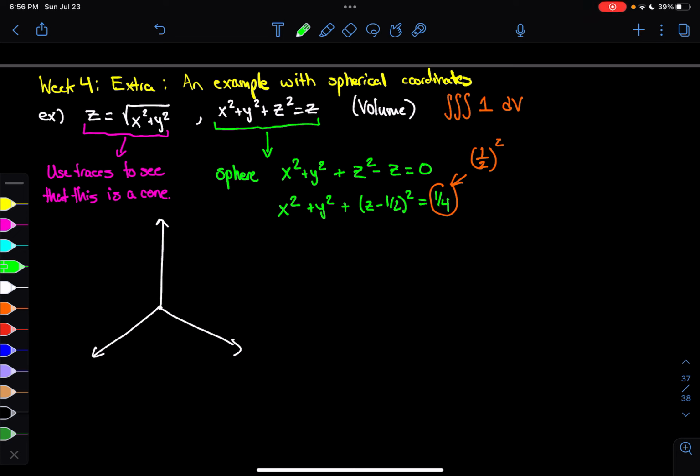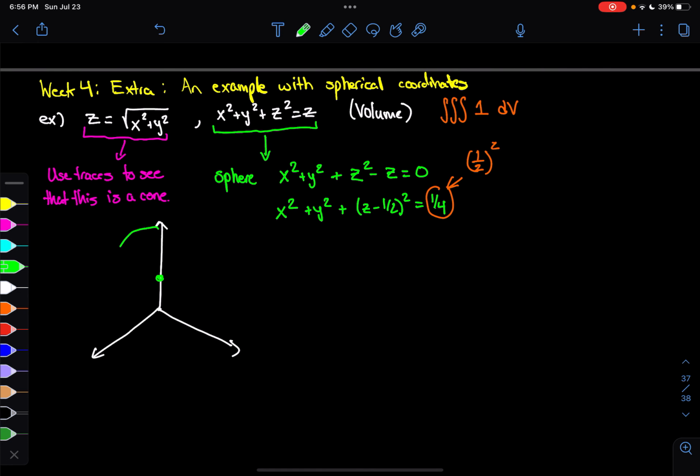So we have some sphere with a center of (0, 0, 1/2). And so maybe I will loosely try to, well, hopefully my computer fixed that. There we go. So something like this, and it's a sphere, right? But we want the part of this that's intersected by this cone that sticks up like so.